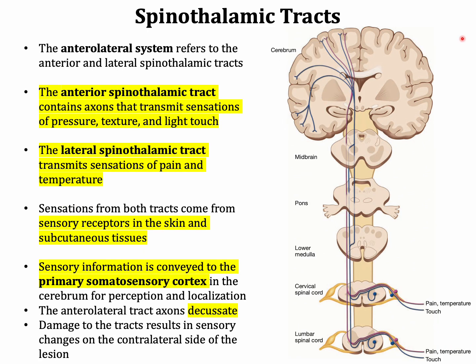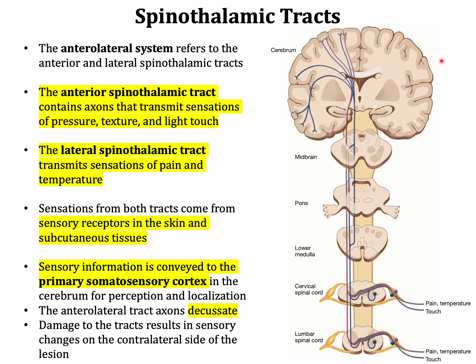With spinal thalamic tracts, think spinal cord up to the thalamus. There's an anterior and a lateral spinal thalamic tract, and it's important to note the difference because they transmit different types of information. The anterior contains axons that transmit pressure, texture, light touch. So not as specific touch, not that discriminative touch, but all the other properties of touch, which are very important.